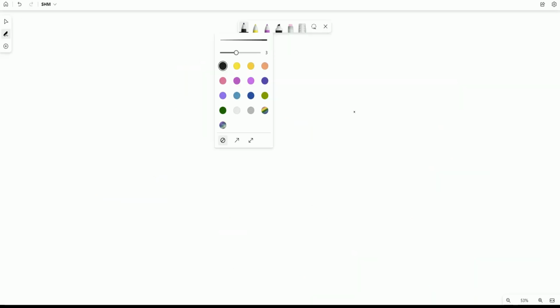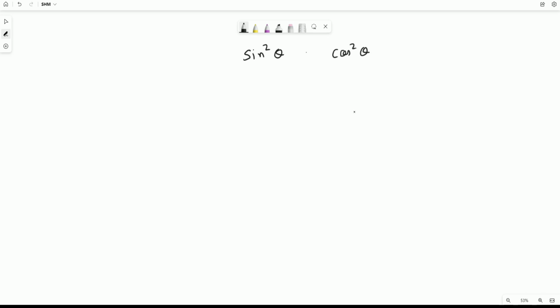Right, so if you have to calculate the mean of sine square theta and cos square theta, don't worry, you can write theta as equal to omega t. The mean value of the sine square and cos square theta can also be found out, and it's not very difficult.